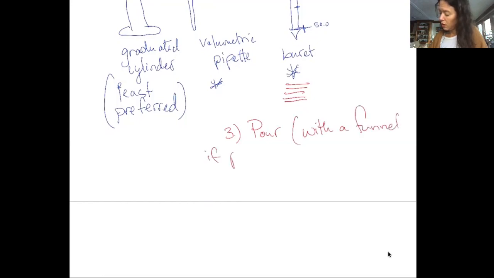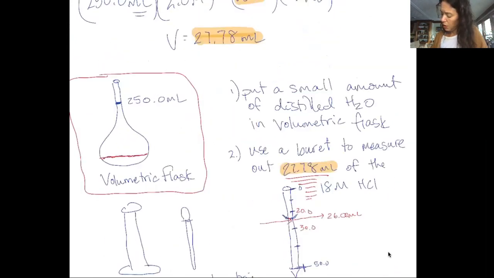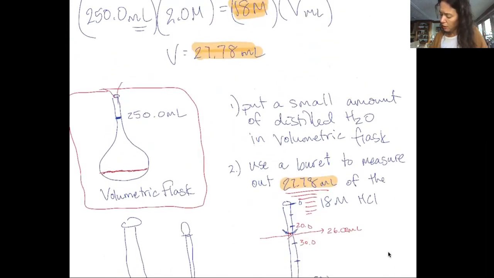if provided, right? Meaning I would put a funnel right here, and I would pour my 27.78 milliliters of my 18 molar hydrochloric acid into here.